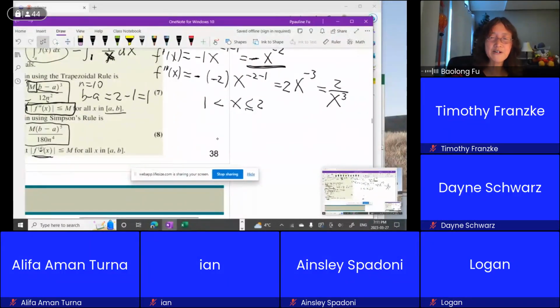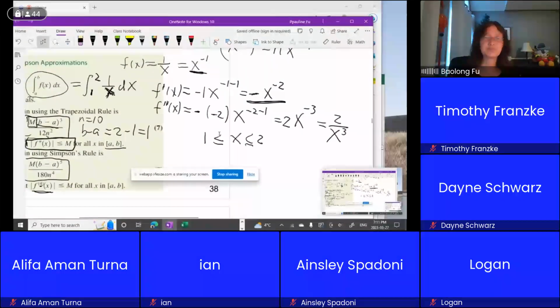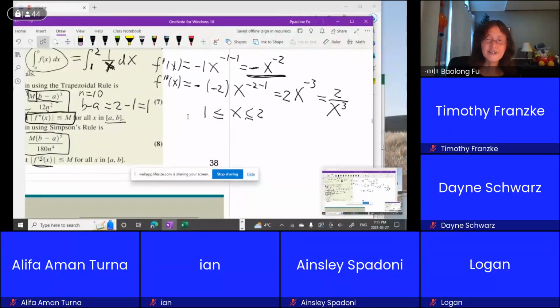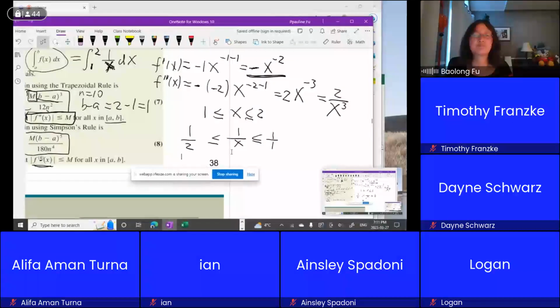It could be 1, it could be 2, could be anything between 1 and 2. If this is the case, 1 over x must be smaller or equal to 1 over 1 and greater or equal to 1 over 2. This also holds true.